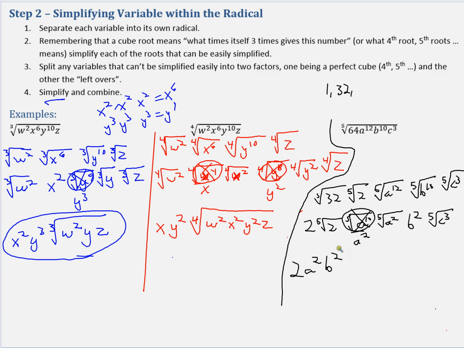And then left over under the 5th root, we have a 2, an a squared, and a c cubed. And that's our answer for that. So the more you practice these, the better you'll get at these. And that's simplifying radicals with higher roots.